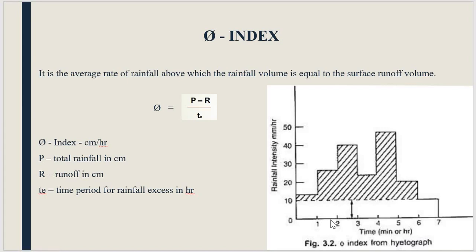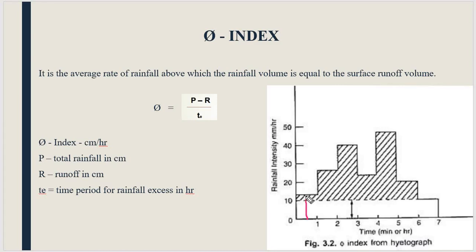This is a hyetograph drawn between time and rainfall intensity. Time is marked on the x-axis and rainfall intensity on the y-axis. This diagram clearly shows that at 1 hour the maximum rainfall is more than 10 mm per hour.